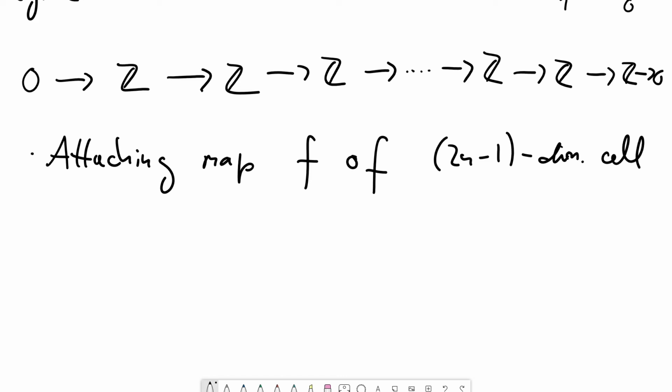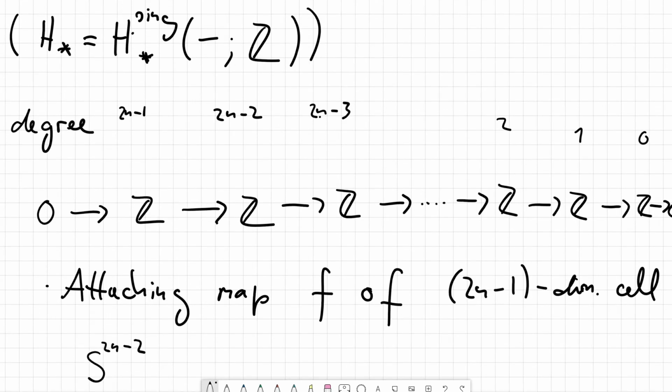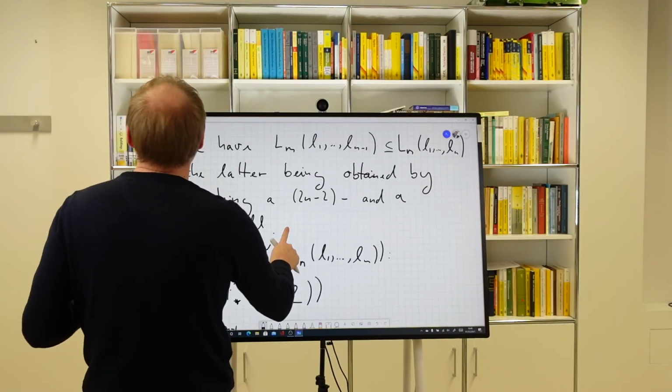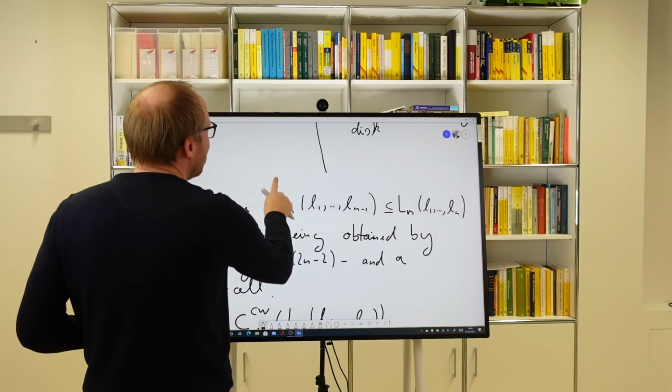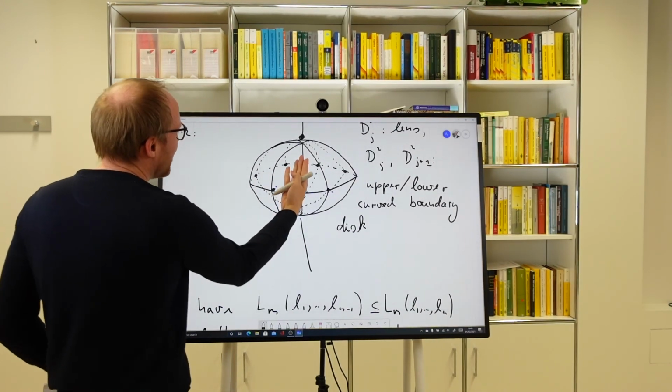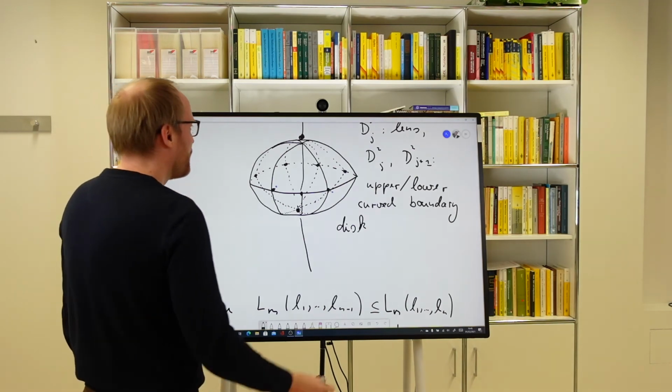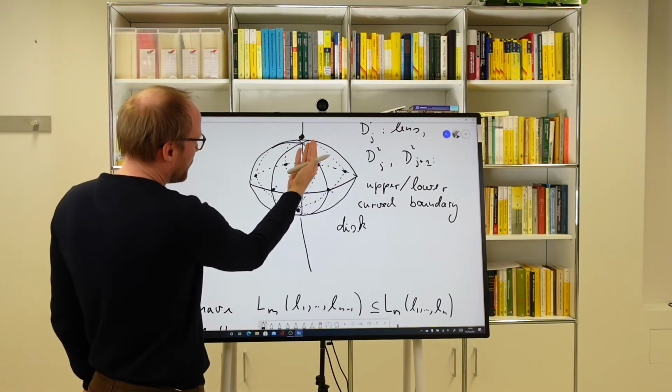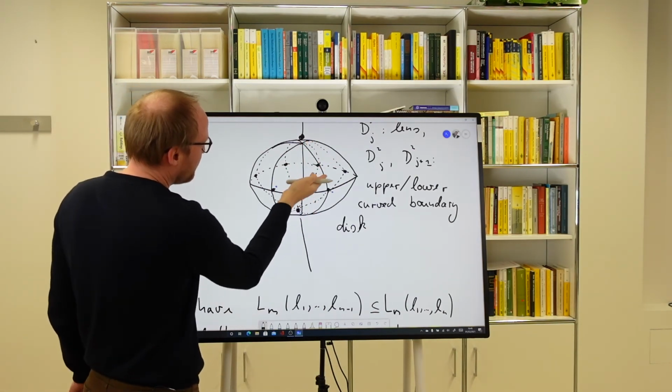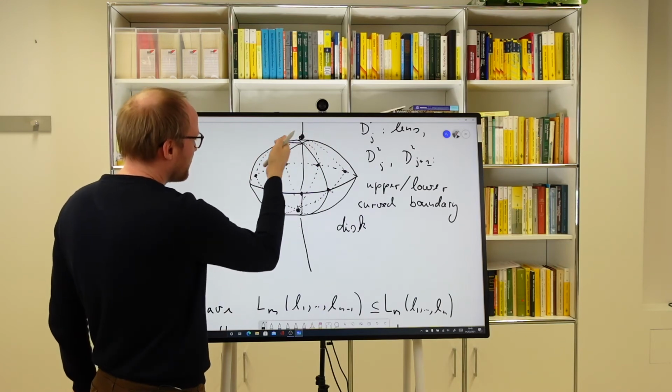If we want to attach a 2n-1 dimensional cell, then we need to consider an attaching map on the boundary sphere, which is now 2n-2 dimensional. So let's look at the picture again. In the picture it's a 3-cell, so let's look at the 3-cell, the big cell. How is it attached?